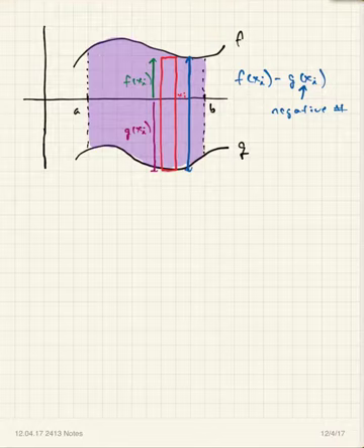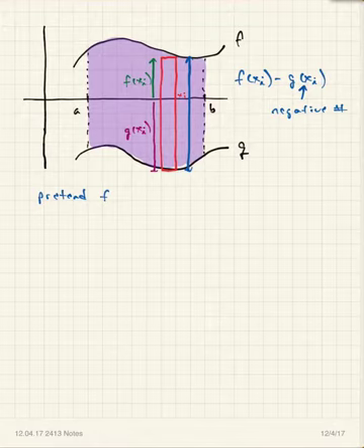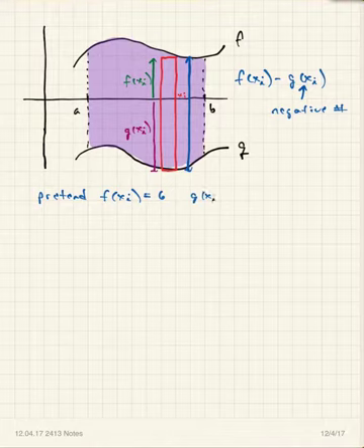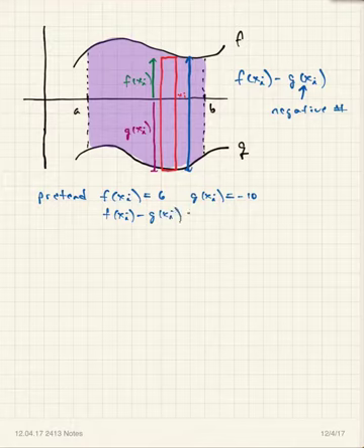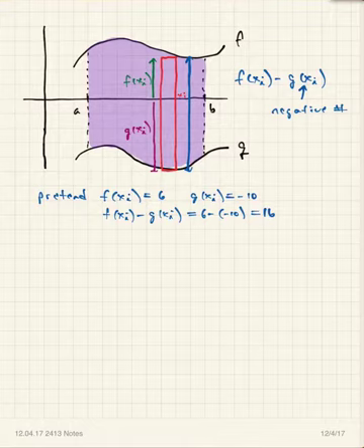Let's pretend for a minute that f of x sub i is equal to 6, and g of x sub i is equal to negative 10. Then notice what I would get. If I looked at f of x sub i minus g of x sub i, I'd get 6 minus negative 10, which would be 16, and that would be the total height of that rectangle, right?